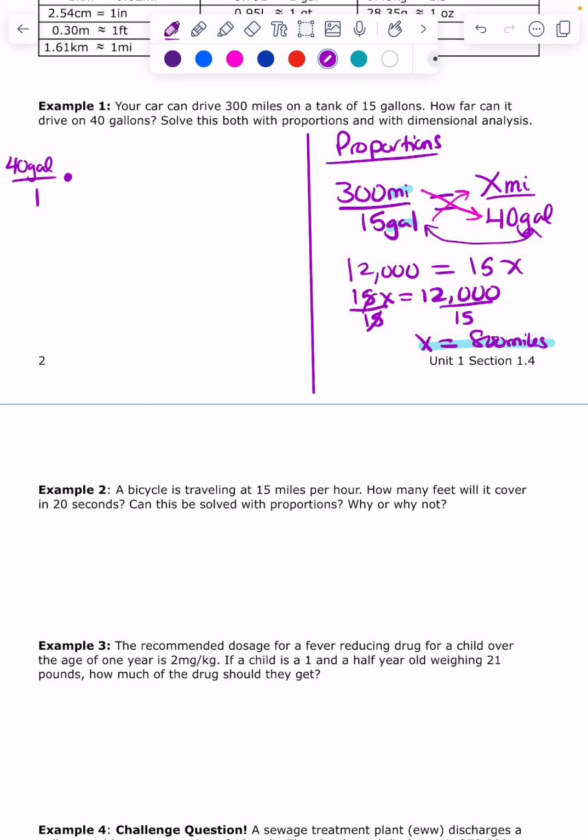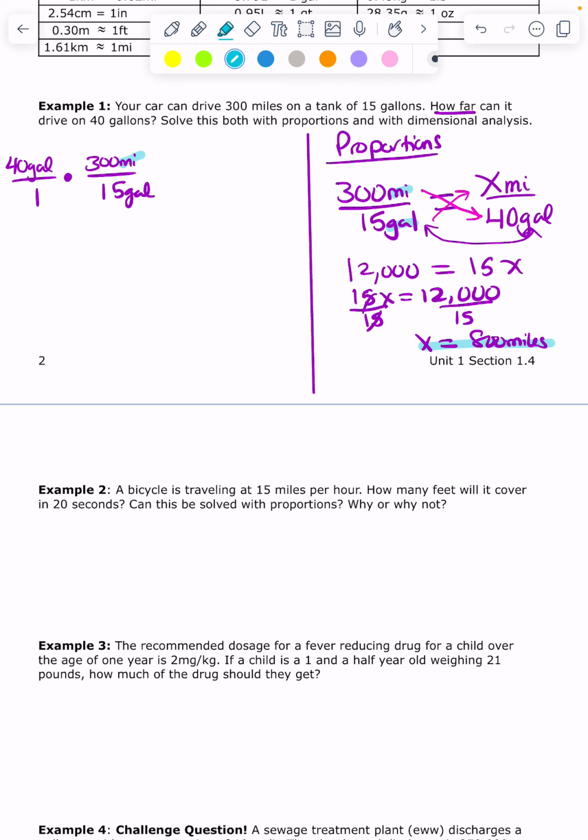And one of the conversions that we have for this is that we can go 300 miles on 15 gallons. And I'm trying to figure out how far I can go, so I want to end up in miles, which is why miles went on top.